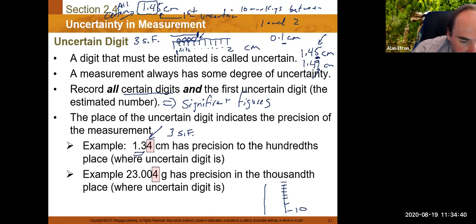What that would tell us is, in this particular case, all 4 of those numbers are certain, and our uncertain number is right here at the end. That would give it 1, 2, 3, 4, 5 significant figures.